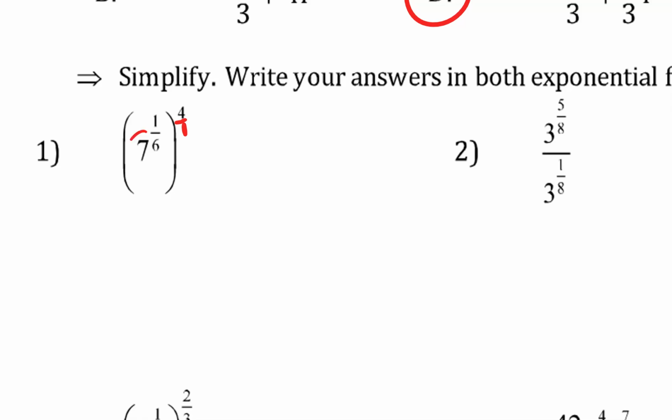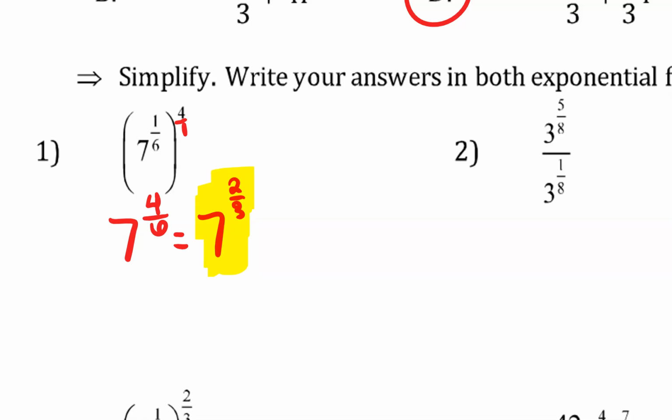So the base 7 stays the same. And then I multiply the exponents. 1 times 4 is 4. Over 6 times 1 is 6, which can reduce to 2/3.